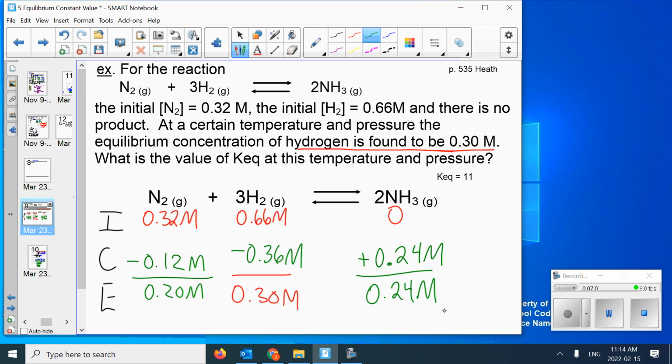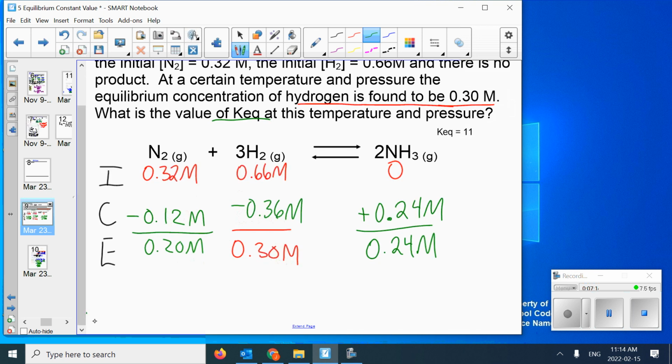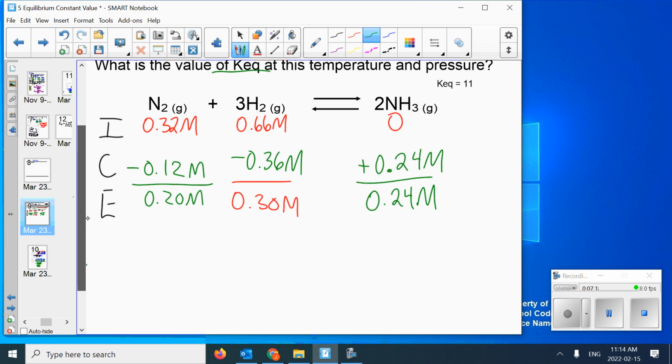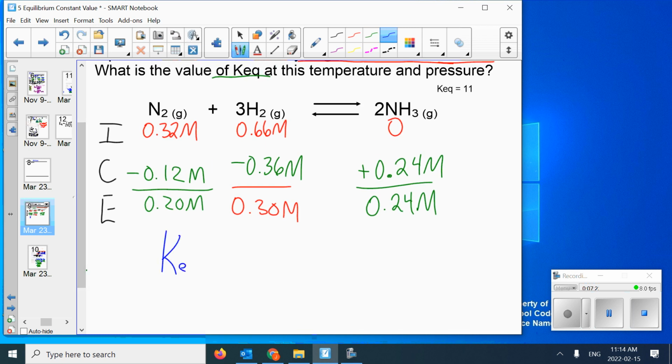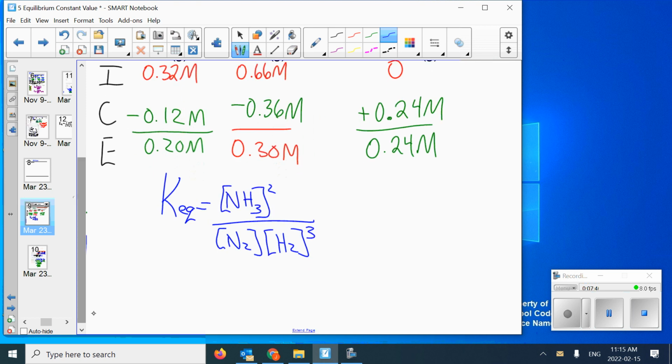Have I answered this? No. What's the value of Kc? So now I just put this into the expression. For this expression here, Kc equals NH3 squared over N2 times H2 cubed. I put in my numbers from the equilibrium concentrations. NH3 is 0.24, squared.